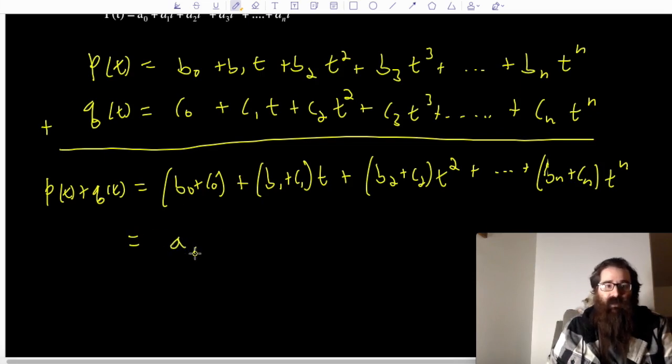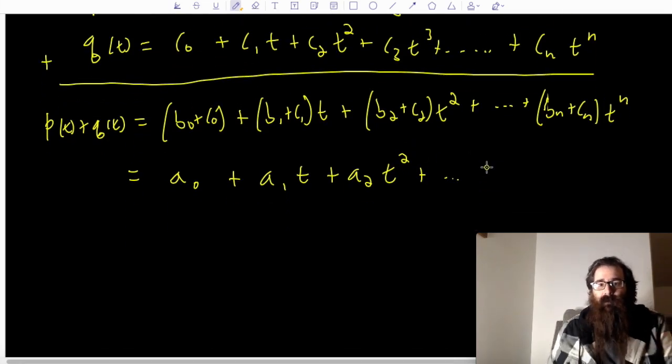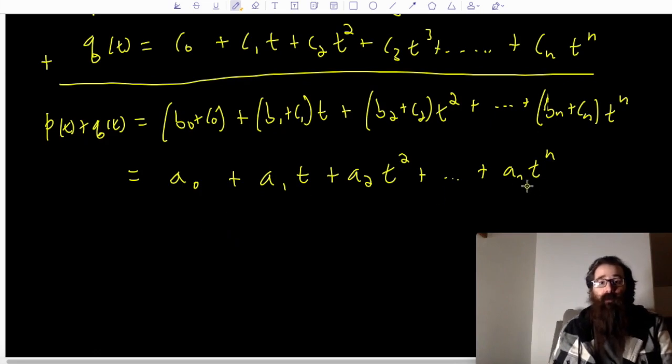I could say, well, this is some constant a sub 0 plus some constant a sub 1 times t plus some constant a sub 2 times t squared plus so on and so forth, plus some constant a sub n times t to the power of n. So adding two polynomials together in this polynomial space gives me another polynomial of the same form. So I stay inside of the space. So that first property is there.